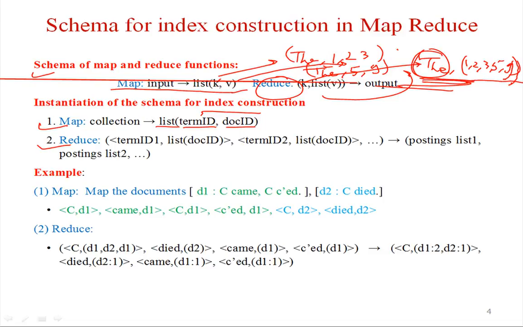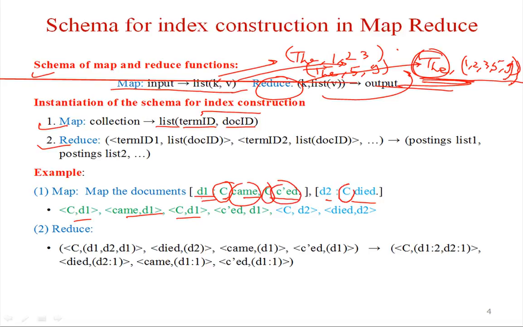For example, map the documents. You can take this as an exercise. Suppose D1 contains C, K, and C is edu. D2 contains C died. So we get pairs like C in D1, K in D1, C in D1, which means C exists in D1 and K exists in D1.